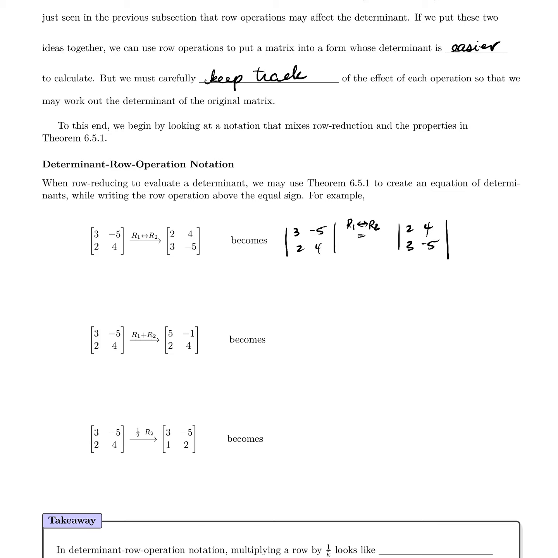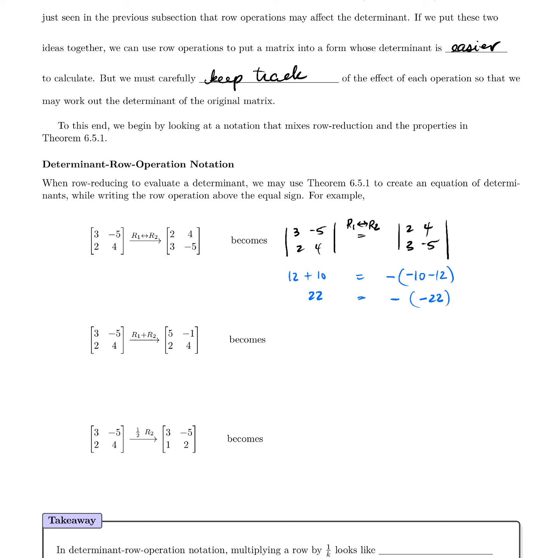When we do a row interchange, the determinant becomes negative. So if we do this evaluation real quick on the left-hand side, we get 3 times 4 is 12, minus minus is plus 10, that determinant is 22. Over here I have minus 10 minus 12, or minus 22. So if I want to create an equality of these determinants, I have to fix one side or the other. And since we work from left to right, I'm going to fix the right-hand side to keep track of all the changes.